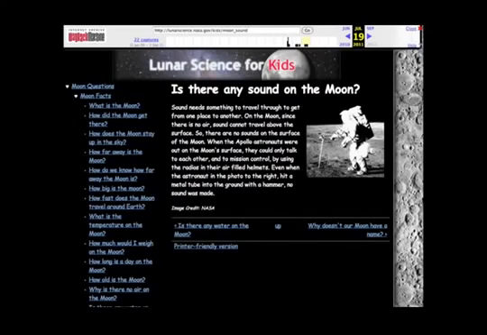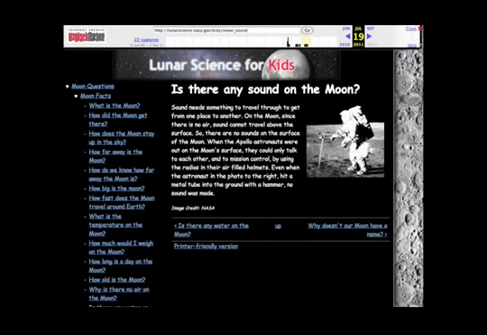However, this page, which was created for children, you can see the banner at the top, Lunar Science for Kids. This page directly contradicts the assertions made in the Apollo Lunar Surface Journal concerning the hammering sounds in Apollo 12, 15, and 17. This page talks about the science involved with sound on the moon, and it does so correctly. And that is why NASA has disappeared it from the web.